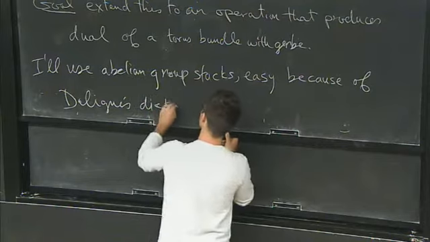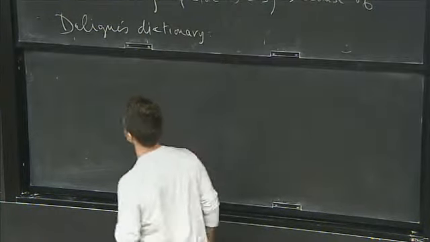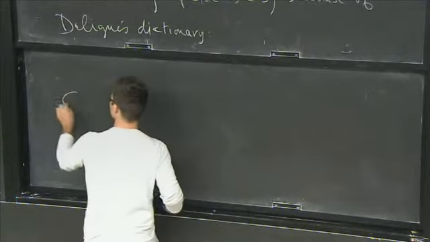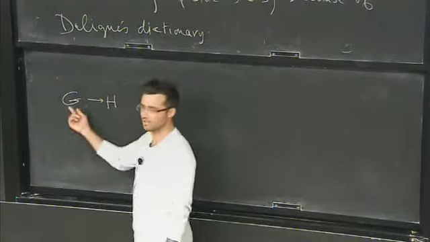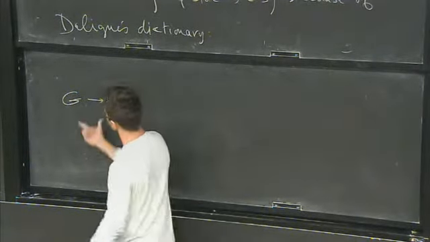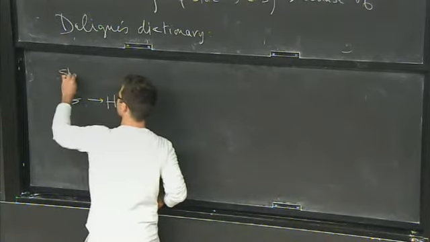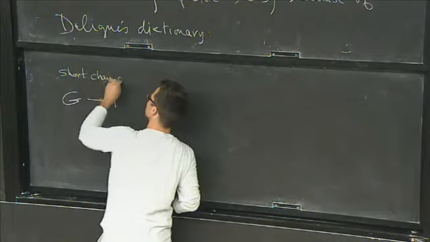And it's the following. If you have just a homomorphism of abelian groups, let's say these are topological abelian groups, G and H, and I don't even have to name the homomorphism, I'm just going to call this a short chain complex. Really short, it has length 2.